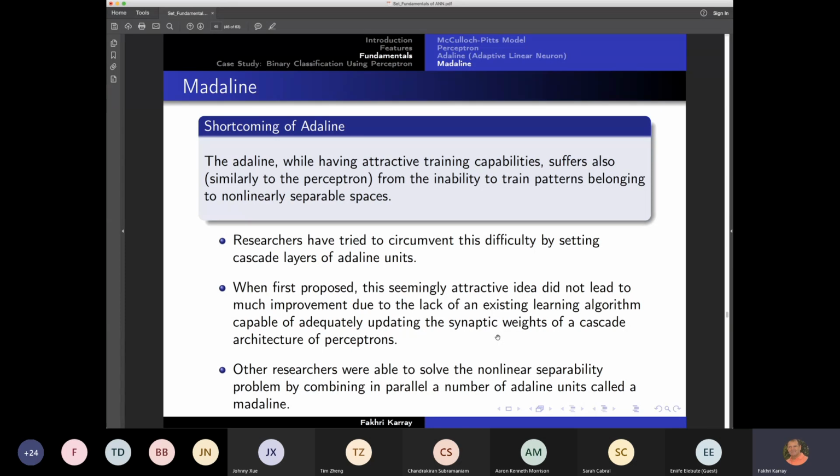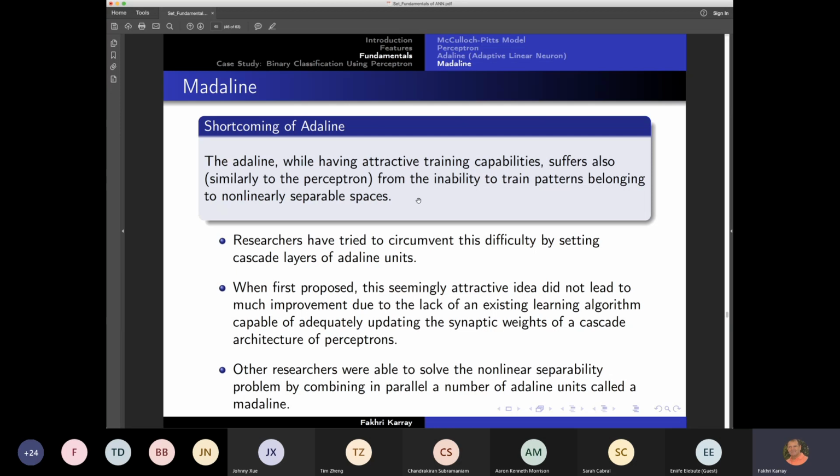The Adaline, while having attractive training capabilities, which provide us with the optimal setting between the two types of classes in a linear or hyperplanar form, suffers from the inability to train patterns belonging to non-linearly separable space. So if the two types of classes cannot be separated by a line or a hyperplane in the multi-dimensional case, then even the Adaline is not able to solve this problem.